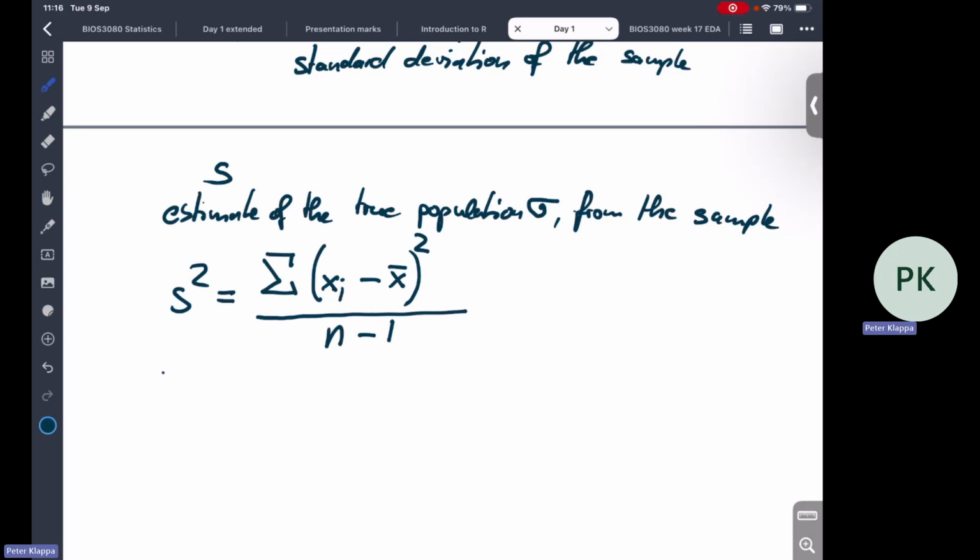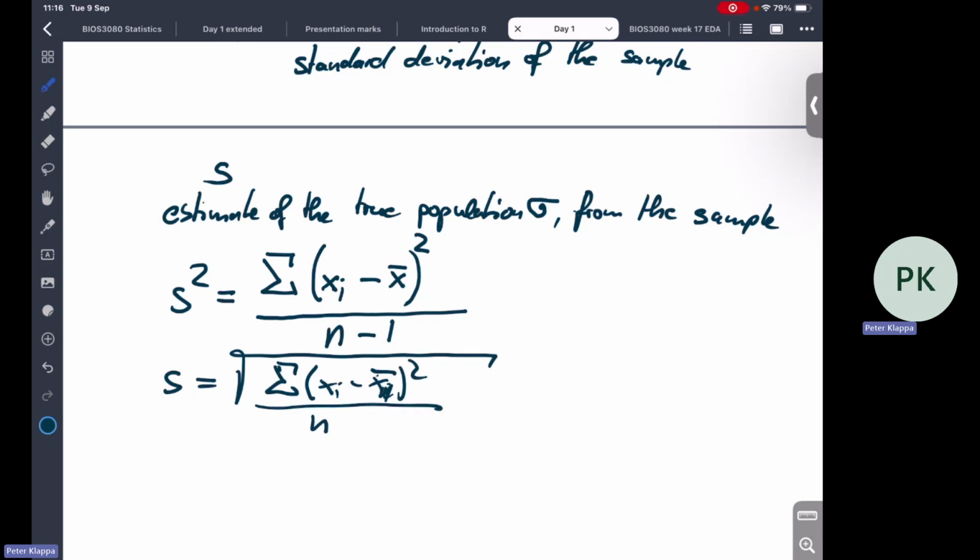And of course, s would be just simply the square root of that, the square root of the sum of x_i minus x bar squared divided by n minus 1. This is known in statistics as the sample standard deviation. Should actually be the estimated population standard deviation based on a sample, but nobody says that because it's just too much to write.